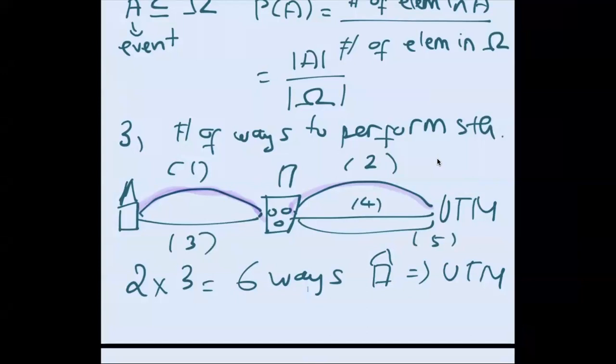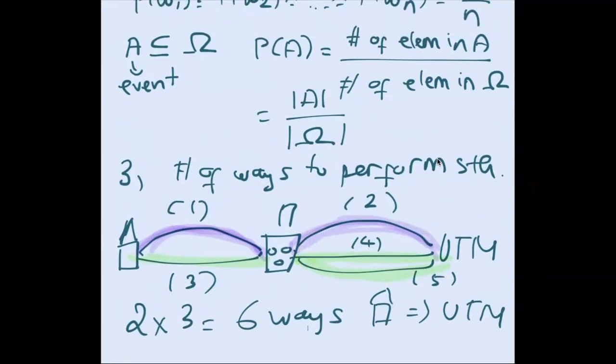If there is such a restriction, then you cannot use the multiplicative law. You can only use it if, like in the beginning, for each way in the first step, you have the same number of ways in the second step. So please keep that in mind.